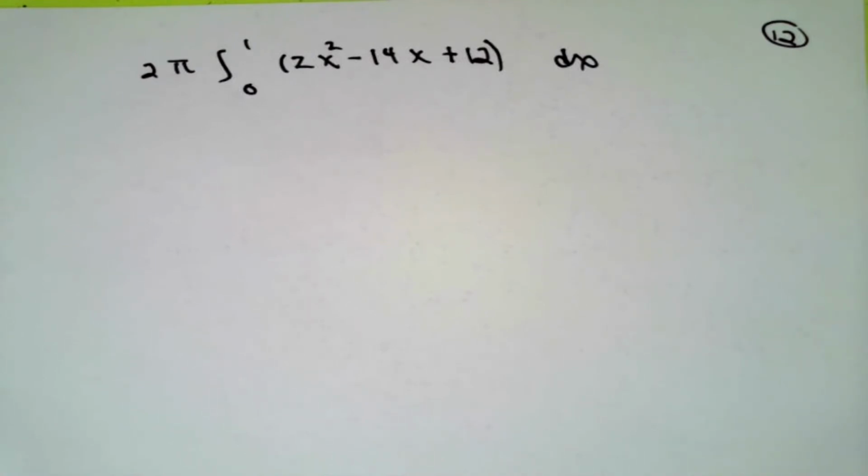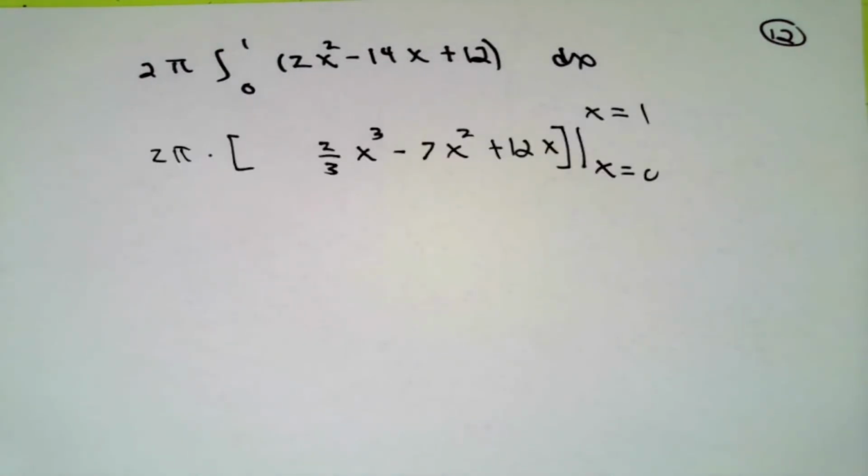This is easy to find an antiderivative of. At x equals 0, the antiderivative is 0, so I'll disregard that. At x equal 1, all powers of x are 1, so this isn't very complicated.